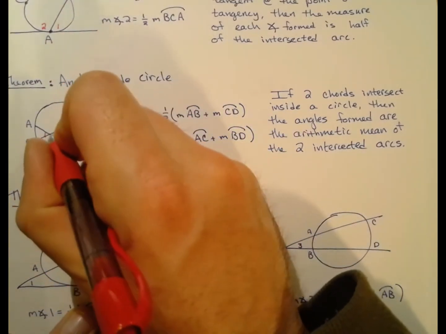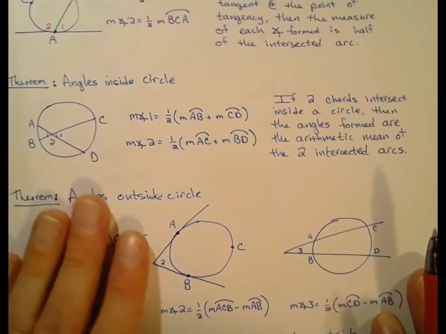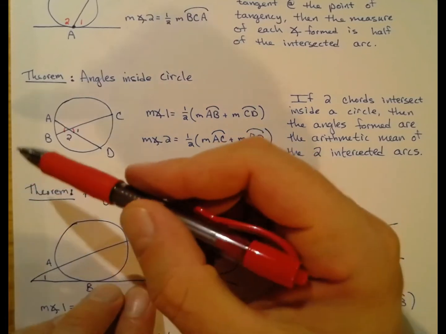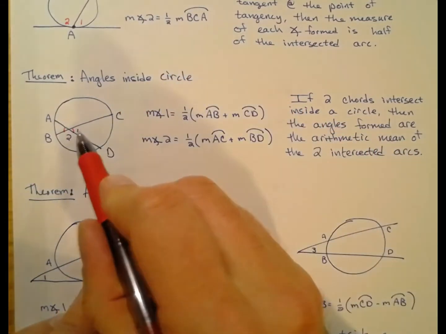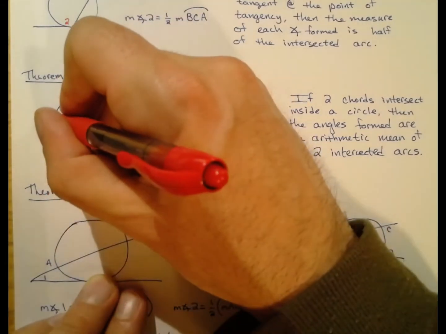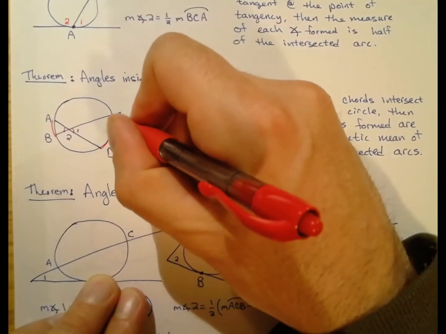The two vertical angles formed are going to be the arithmetic mean, or the average, of the two intercepted arcs. So angle 1 and its vertical partner over there are the average of these two arcs.